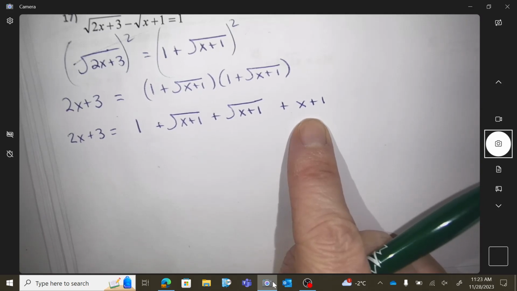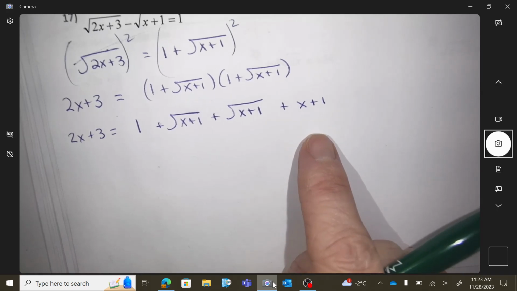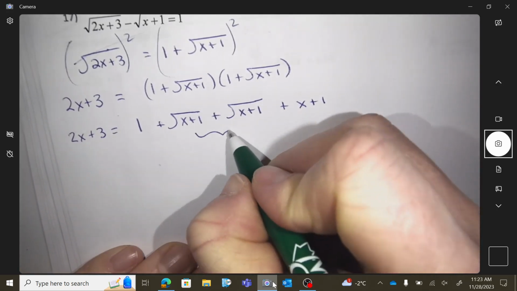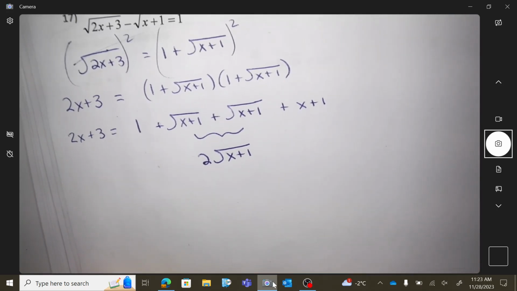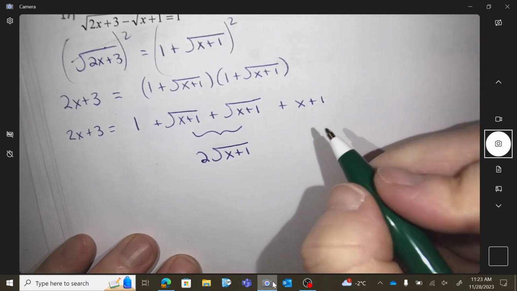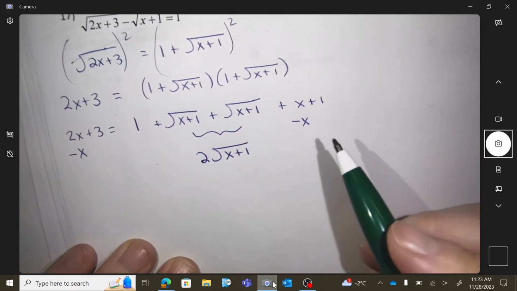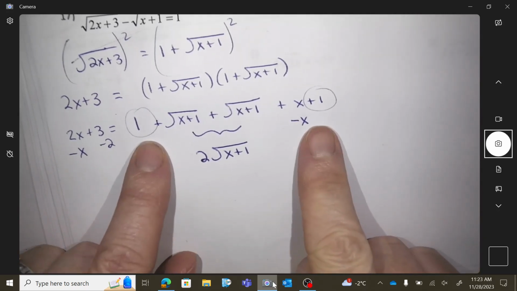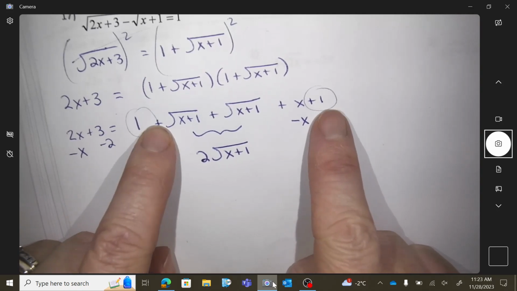Okay, so now, what do you think my strategy is? Radical stuff will be on one side. Not radical stuff will go to the other side. So this means I have 2 of those. I'm going to have to take away an x. Are you okay if I go minus 2 to get rid of that and that?